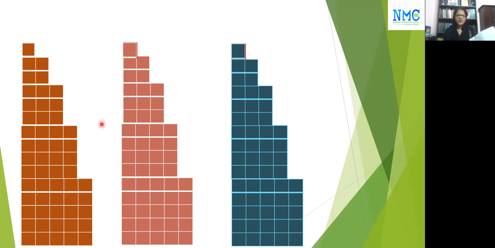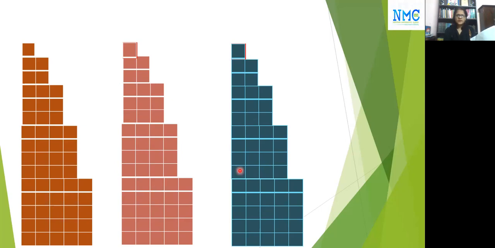So in one set you have 1 plus 4 plus 9 plus 16 plus 25. So how many? 55 unit square pieces. Similarly, here also 55 and here also 55.